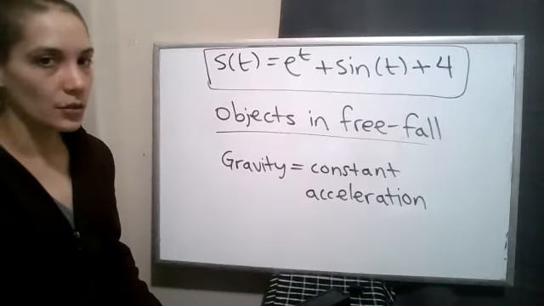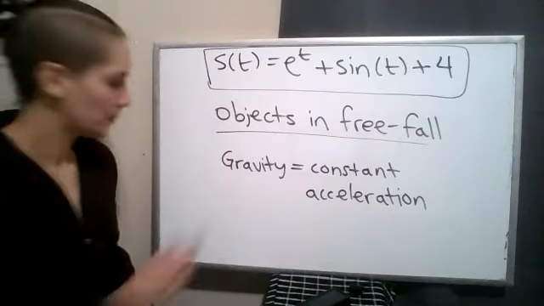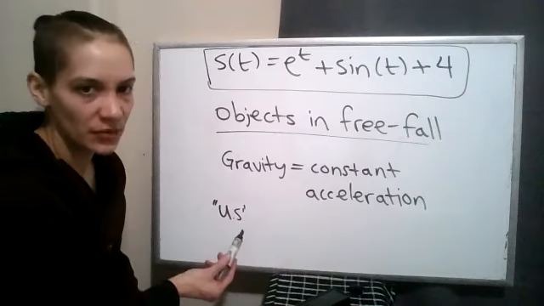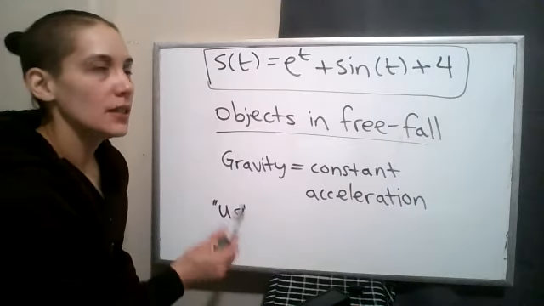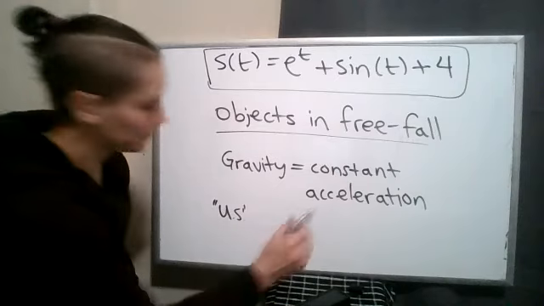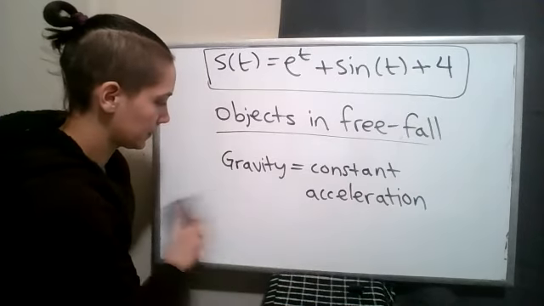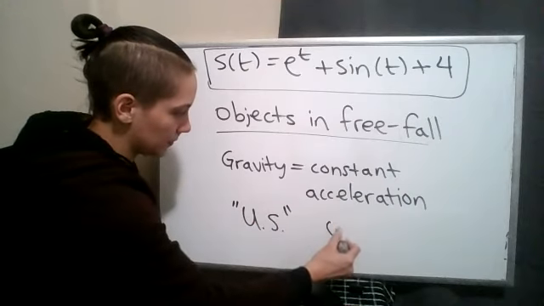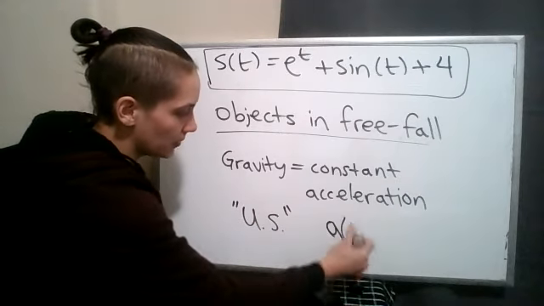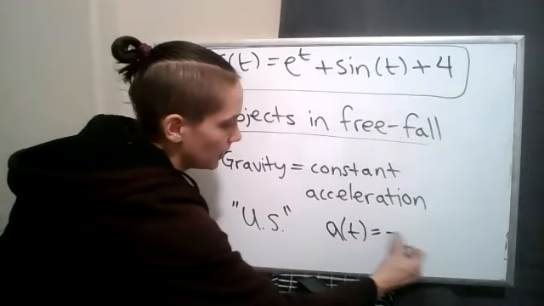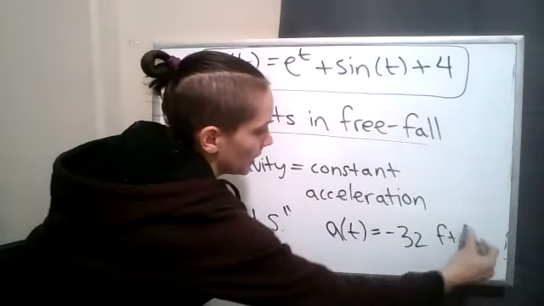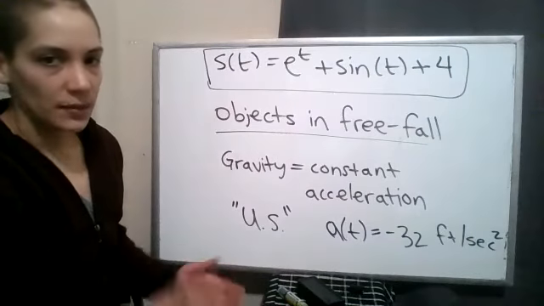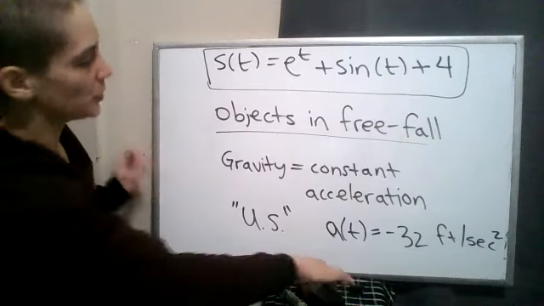All right. Usually we will use, like in the US, the standard is to measure with feet. So we're going to use negative 32 feet per second squared. A of t, my acceleration function, is a constant of negative 32 feet per second squared. Okay, but in other places, if you use meters, it's kind of like a metric measurement.